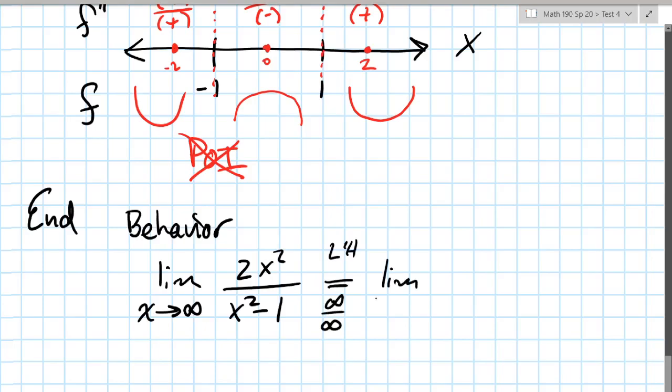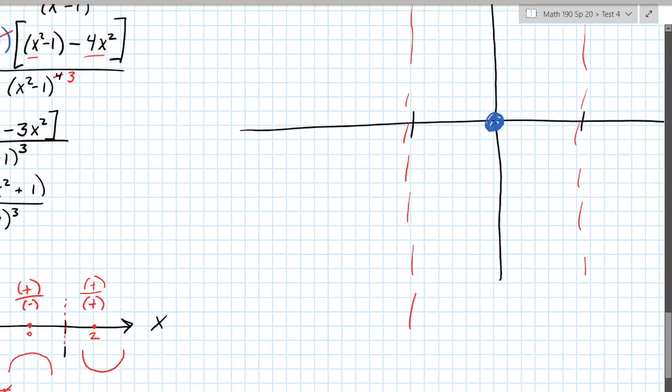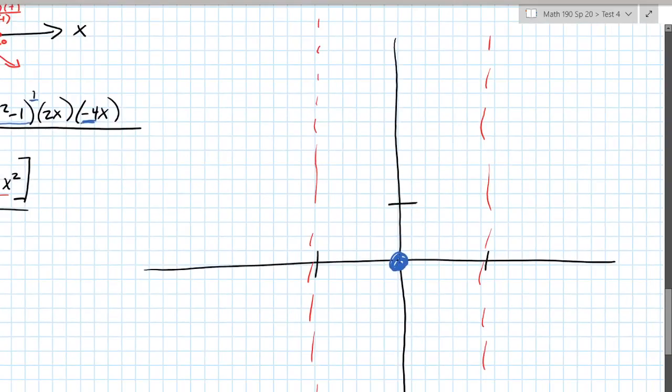So this gives us the limit of 4x over 2x, which we can algebraically simplify to just 2. So the end behavior is 2. What does that mean? That means we have a horizontal asymptote at y equals 2. So here's y equals 2.